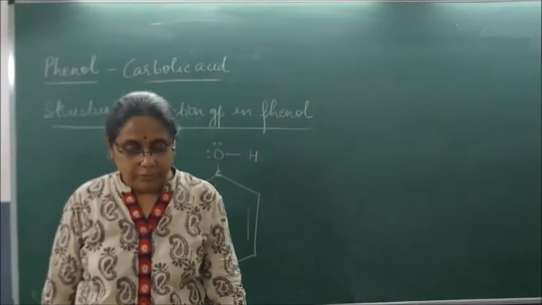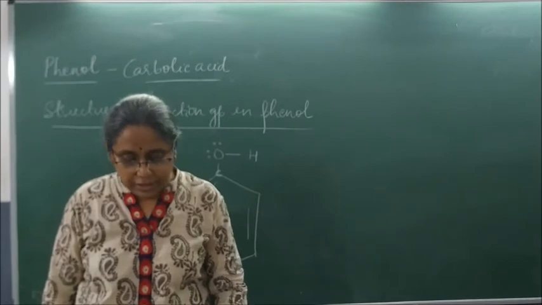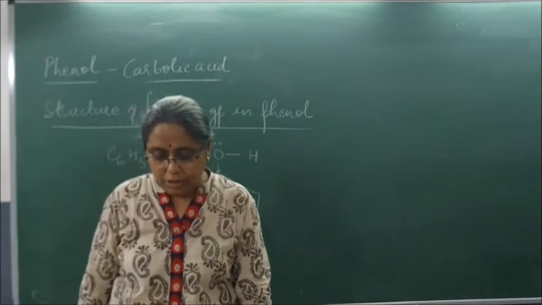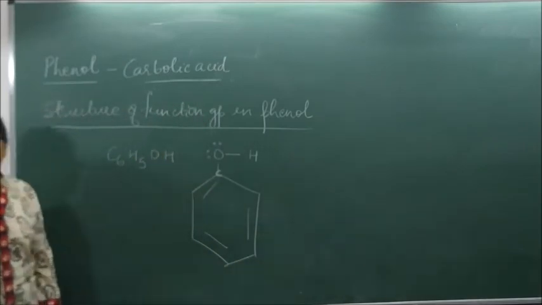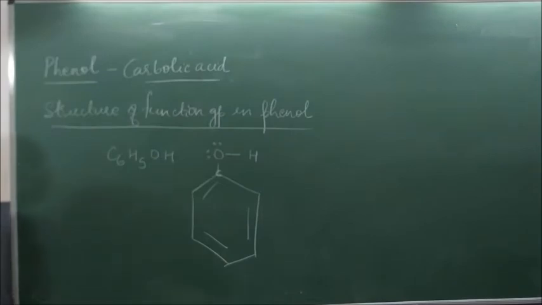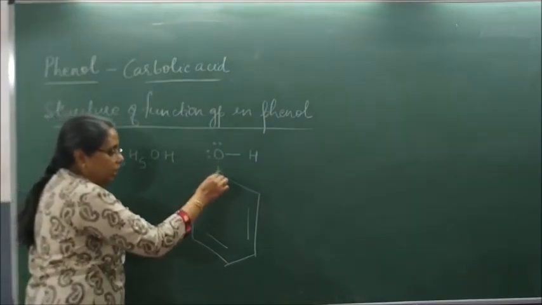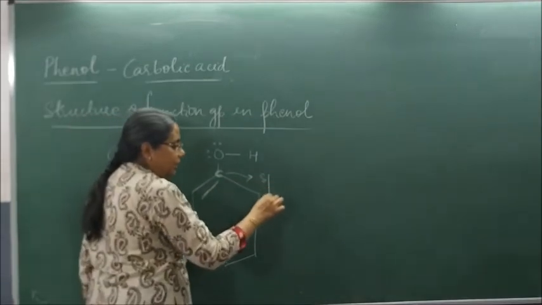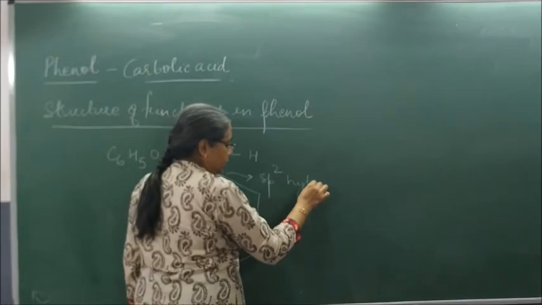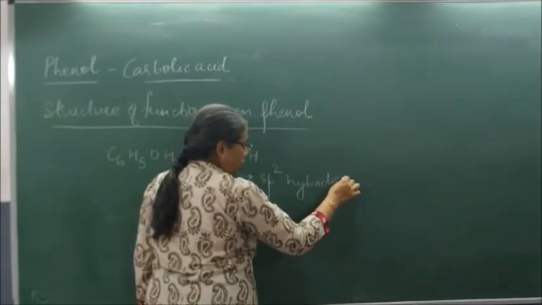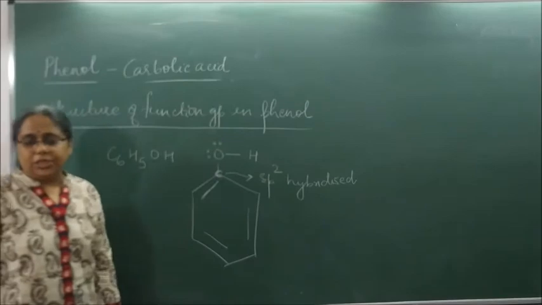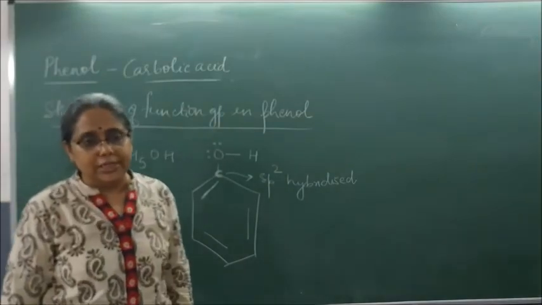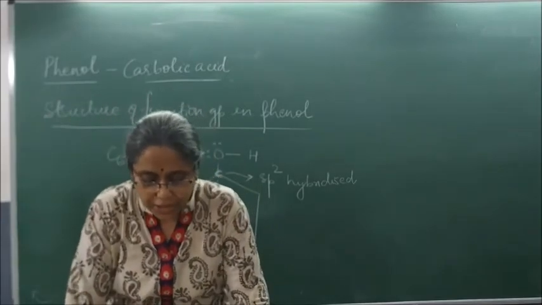In phenol, the OH group is attached to the carbon. This carbon is what hybridized? It's a double bond, so it is sp2 hybridized. In phenol, the carbon to which OH is attached is sp2 hybridized.